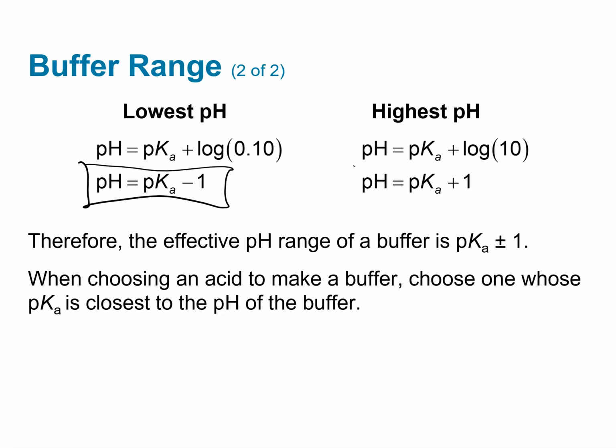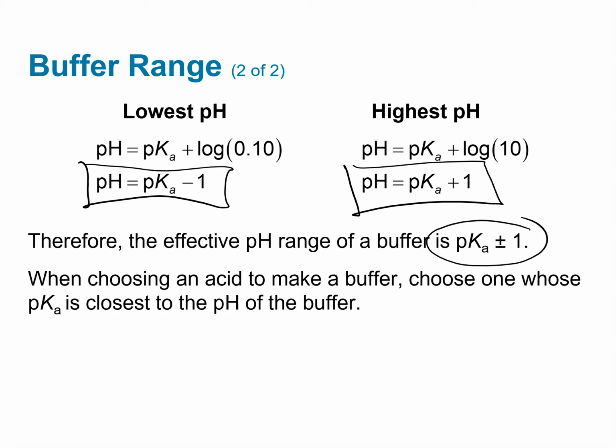And the highest is if the pH is 1 above the pKa of the weak acid in our buffering system. So the best rule of thumb is that the effective range of a buffer is plus or minus 1 pH unit from the pKa of our weak acid in our buffering system.